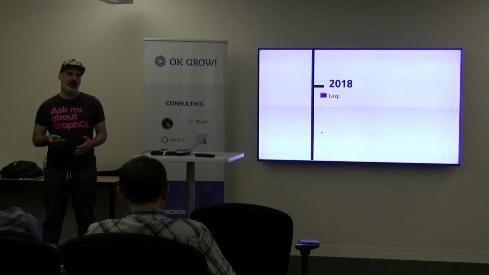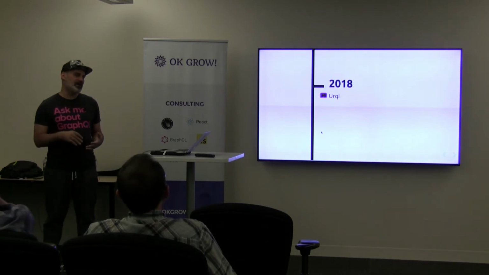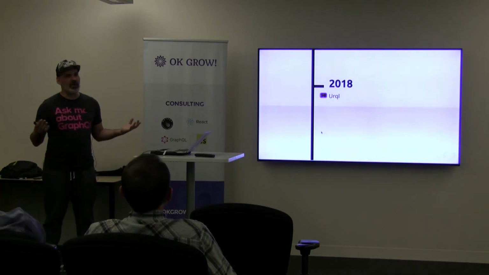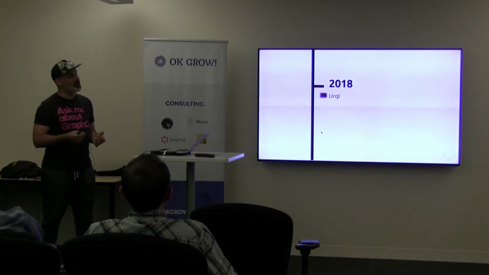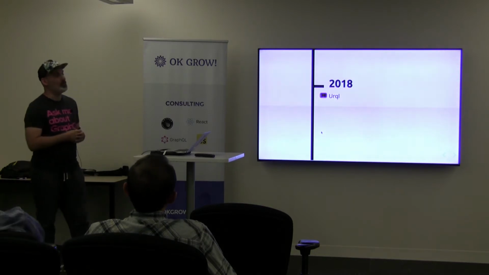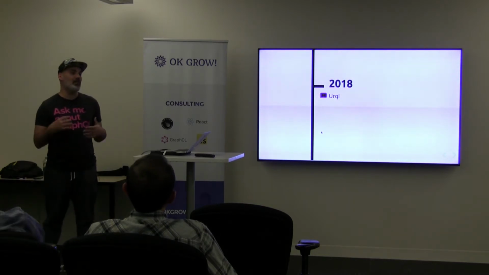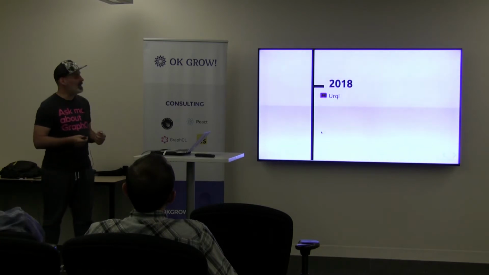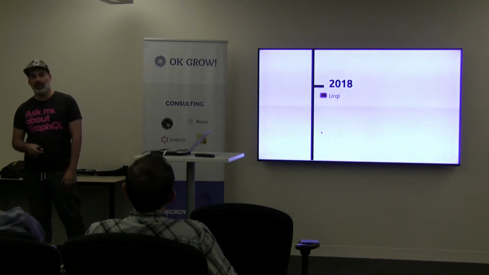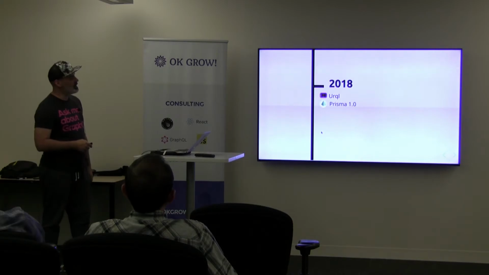And Urql was kind of answering the feeling from some members of the community that Apollo was getting too complex to set up, because new features were being added. Then the code was just too, there was a lot of boilerplate. So they thought, okay, let's see if we can build a client that will be much easier to set up. And we will see some of the code that resulted from this.